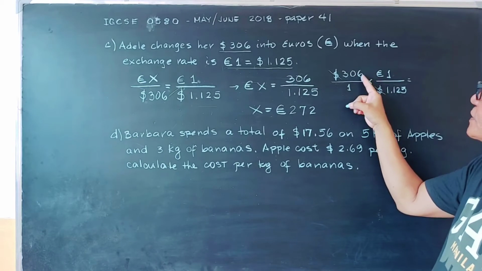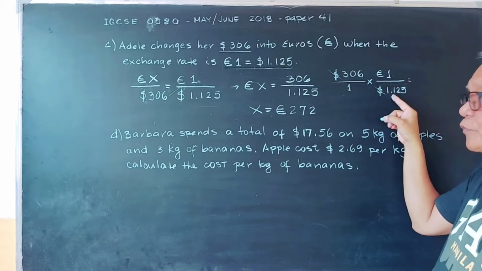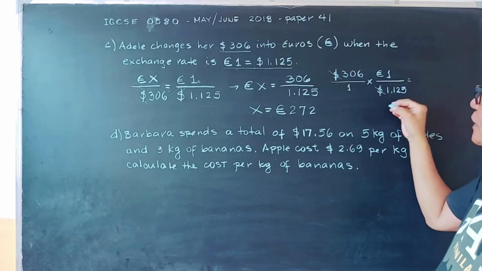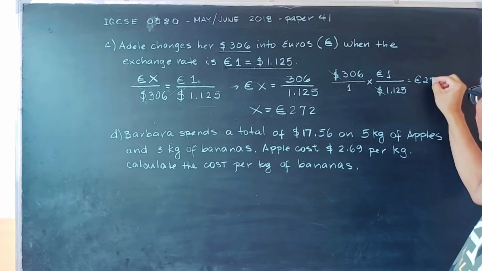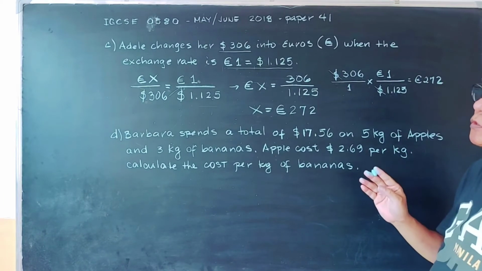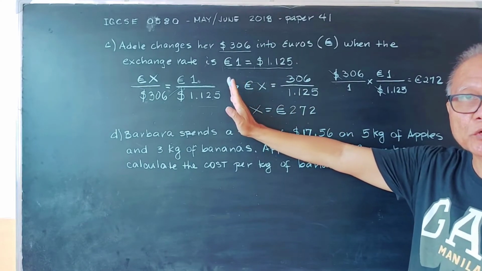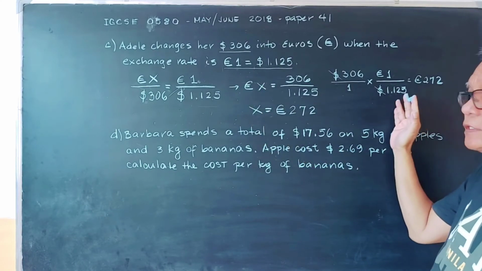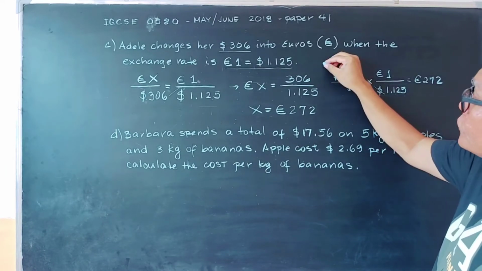So we have 306 times 1 is 306, divided by 1 times 1.125, and it will give us the same answer. Euro is 272. So you can choose. Do you want to use this method, ratio and proportion, or do you want to use the conversion of units? It's up to you. You have two choices here.